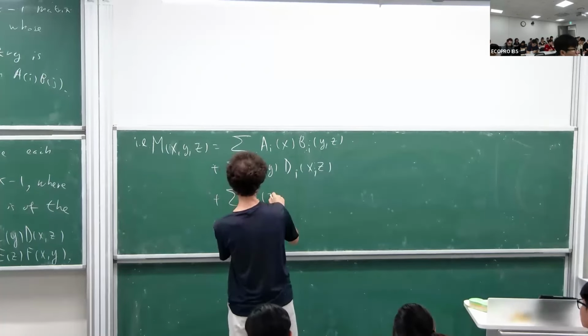Okay, lower bound for this lemma. Before proving the lower bound for the lemma, I will need an auxiliary lemma, a proposition that we will need.